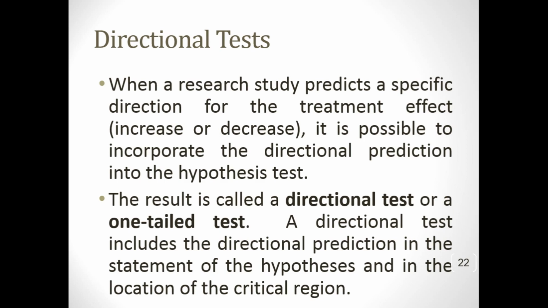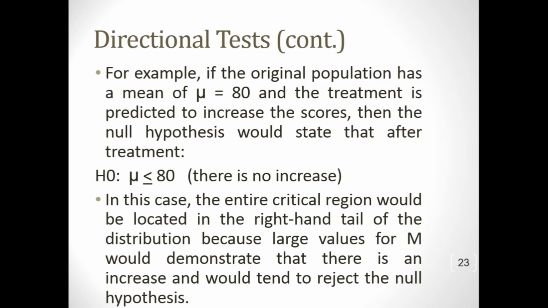For example, if the original population has a mean of mu equals 80 and the treatment is predicted to increase the score, then the null hypothesis will state that after treatment, mu is less than or equal to 80, there is no increase.